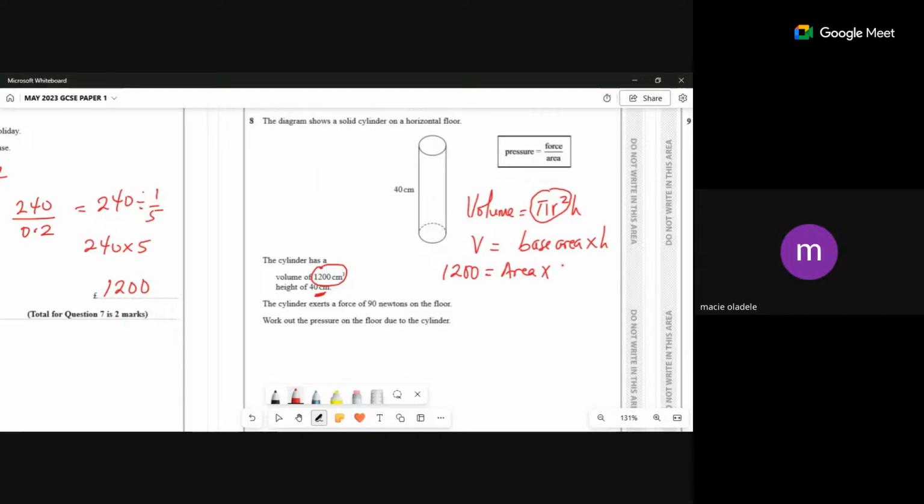What's the height? 40. So what's the area? Area is 1,200 divided by 40.